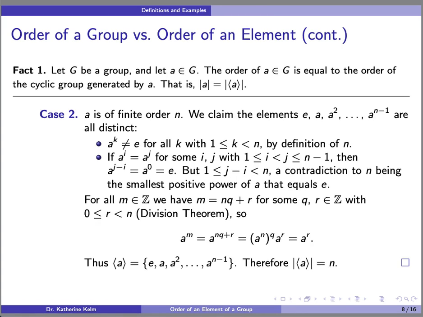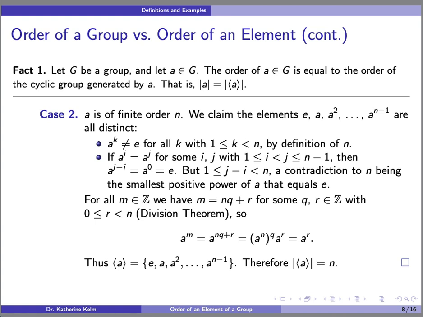For case 2, suppose A is of finite order. Let's call that order n. We claim that the elements E, A squared, and so on up to A to the n minus 1 are all distinct. First of all, A to the k cannot be E for every k from 1 up to, not including n, by definition of n.